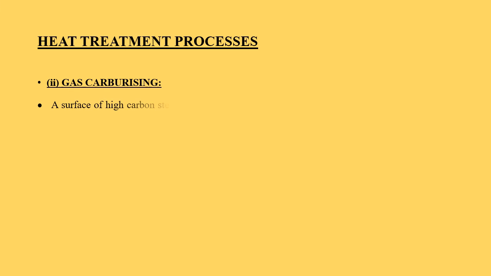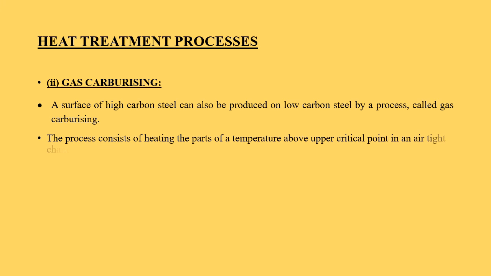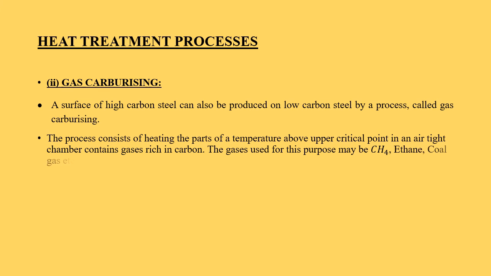A surface of high carbon steel can be produced on low carbon steel by gas carburizing method. In this process, the steel parts are heated to a temperature above upper critical point in an airtight chamber containing gases rich in carbon.